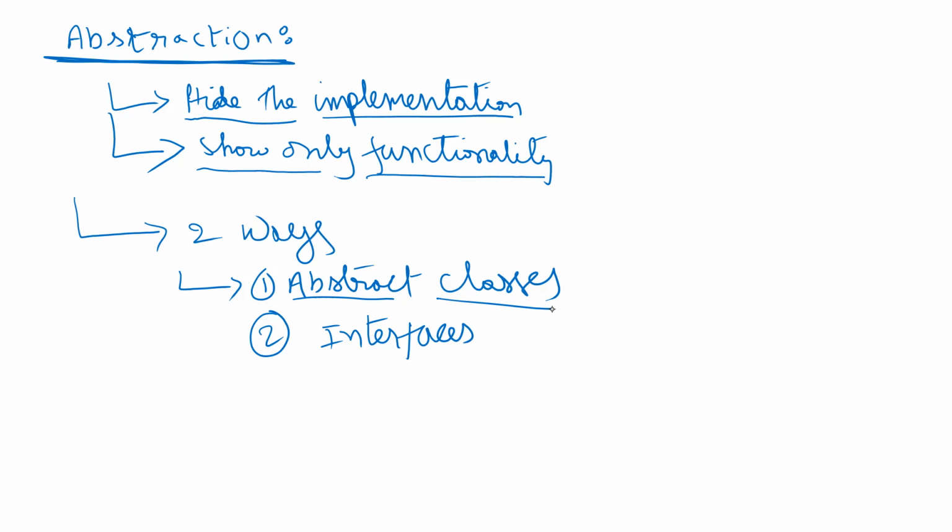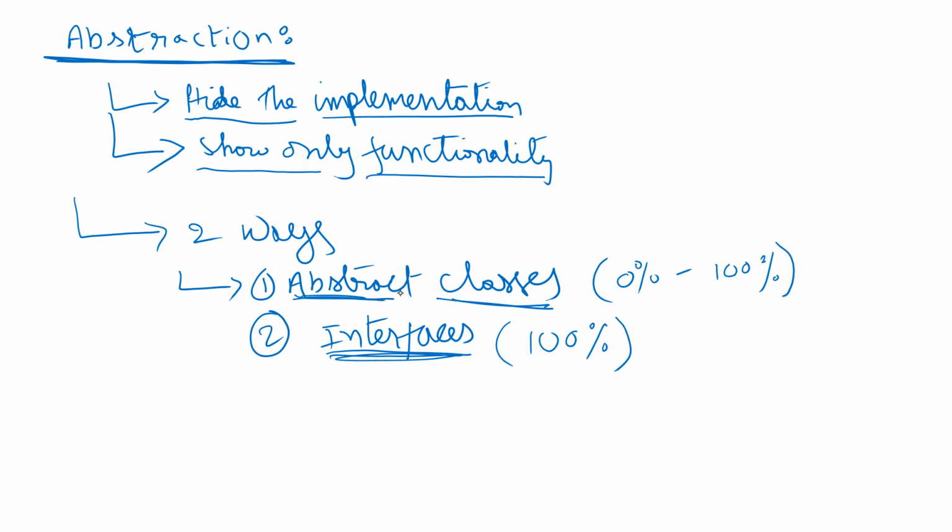Using abstract classes we can achieve abstraction from 0% to 100%. But using interfaces we can achieve 100% abstraction.